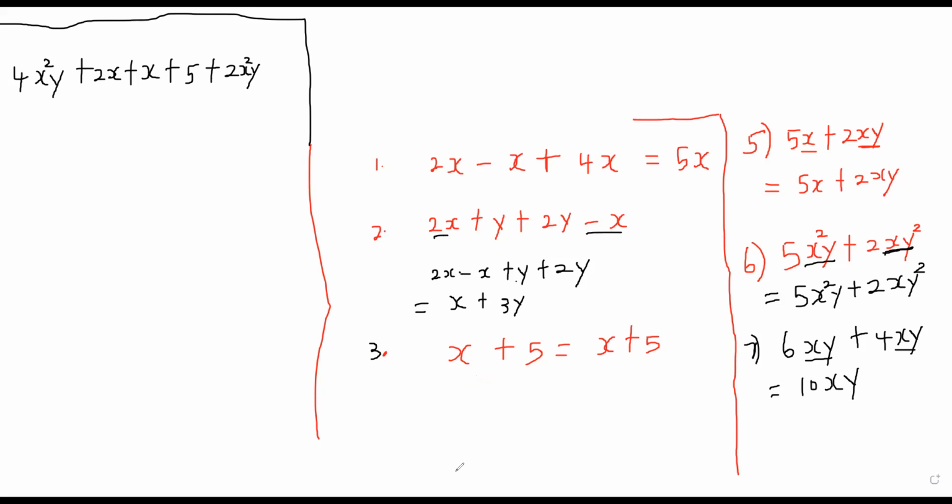Right. So I'm seeing some answers there now. Good. Seems like you guys now understand what is happening, right? Good. So the first thing we do is look for the like terms and then we group them. So we have an x squared y. Any more x squared y? Yes, over here. So we put those two together.